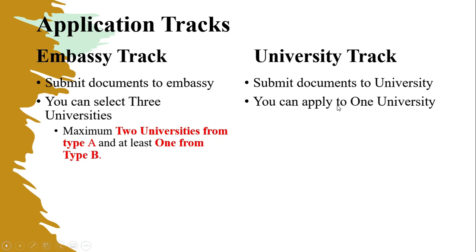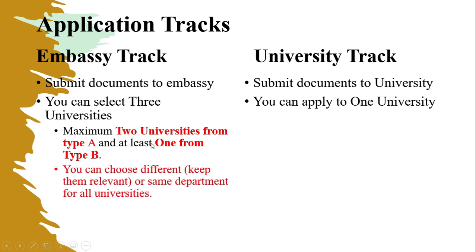The other thing is that you can choose different departments or the same department. It depends on you and your major. For example, if your bachelor's is in chemical engineering, you might apply to chemical engineering at the first university, material engineering at the second, and energy engineering at the third.